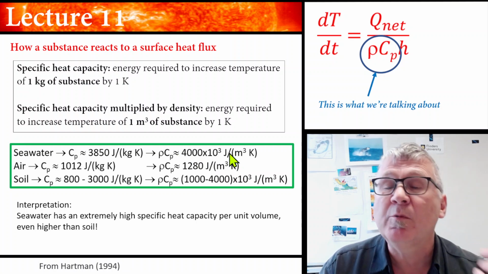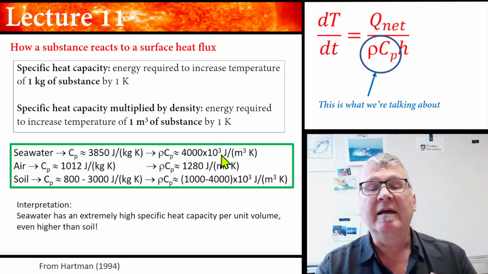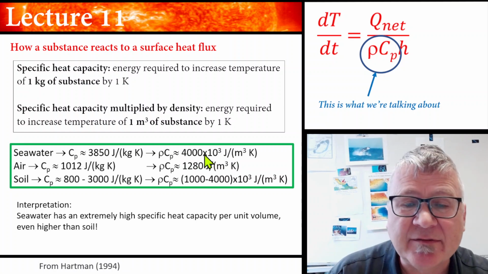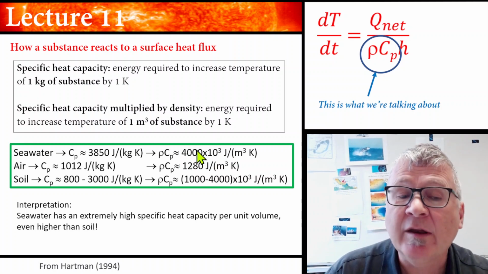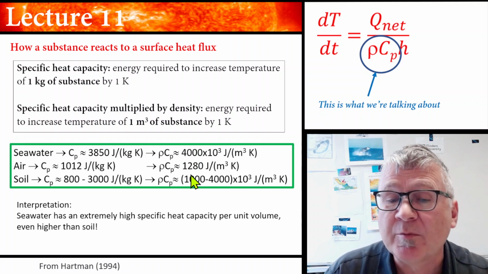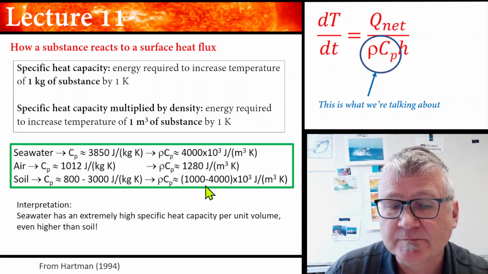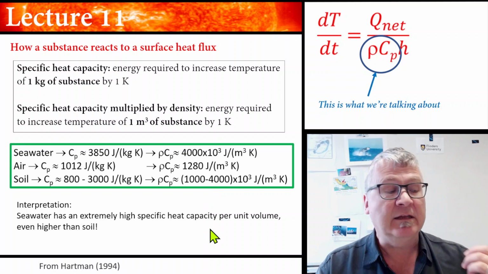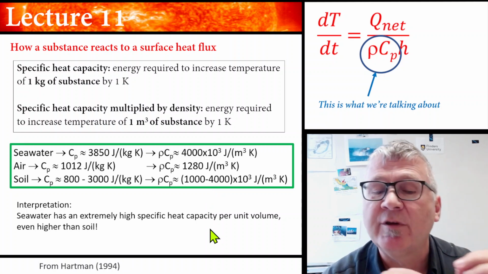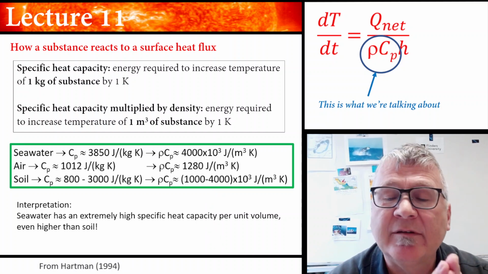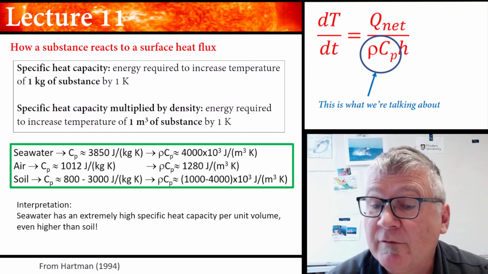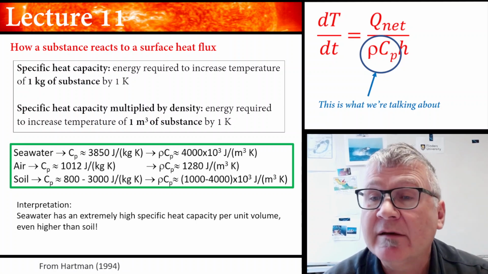So seawater has a much higher heat capacity compared with air, and also larger compared with soil. Interpretation: seawater has an extremely high specific heat capacity based on a unit volume, even higher than soil.